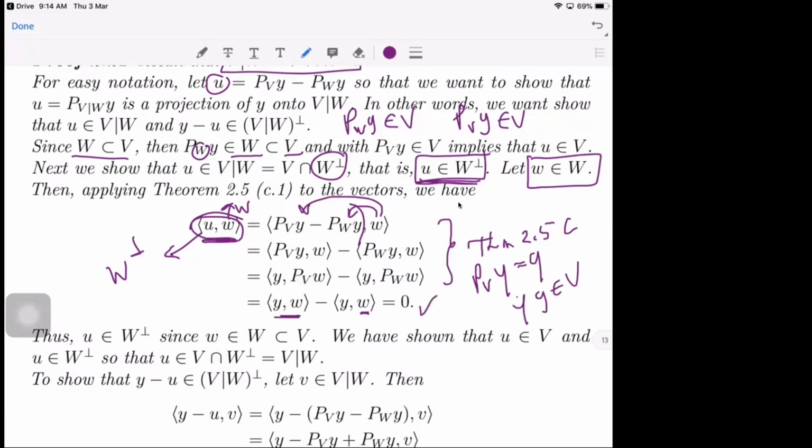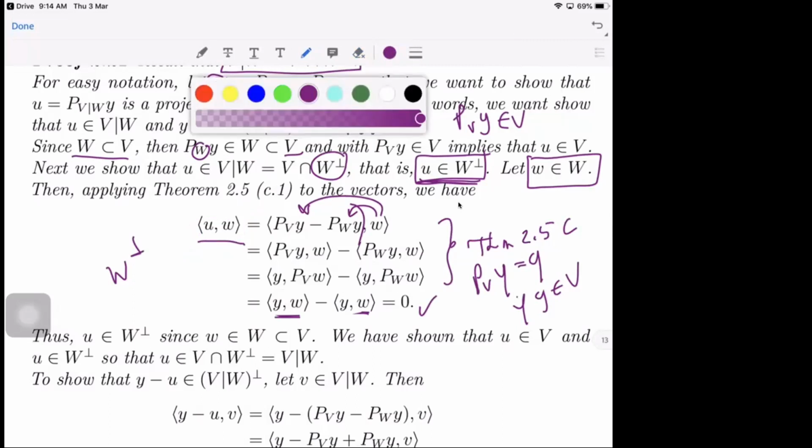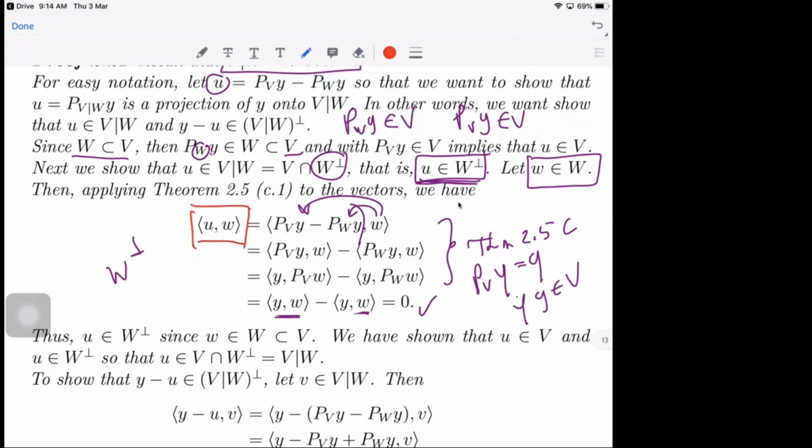So that we obtain that the inner product of U and W is just 0. This is just equal to 0. Then it means that U is in W perp.